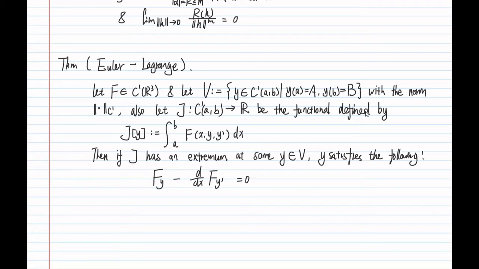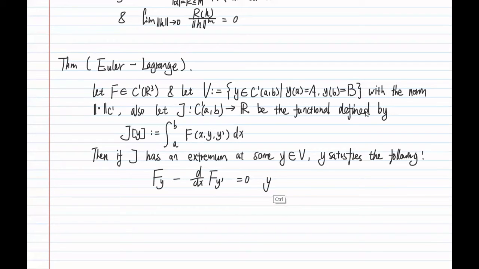A remark here is that f_y is in general a function of x, y, and y prime, and so is f_y prime. But what does this d/dx mean here? Because y and y prime are essentially functions of x. So this is basically defining an ordinary differential equation of order 2, since the highest term could be y double prime because of this d/dx.